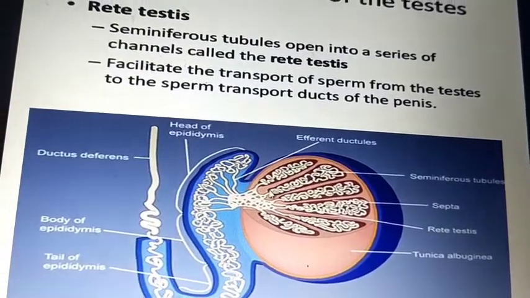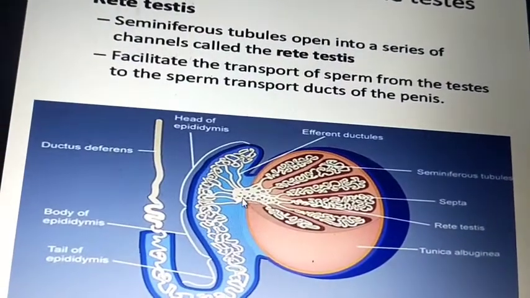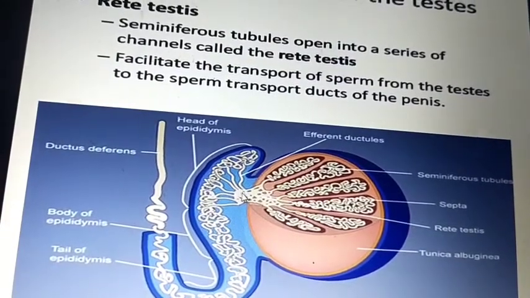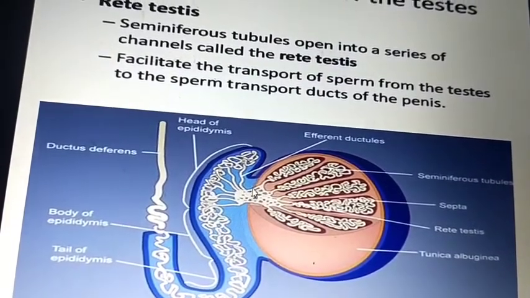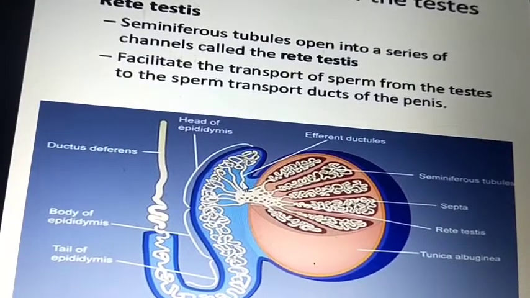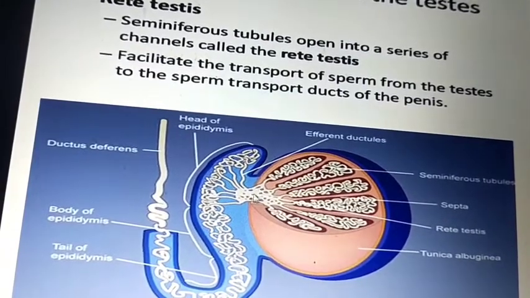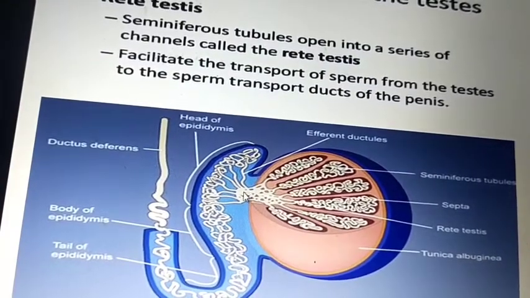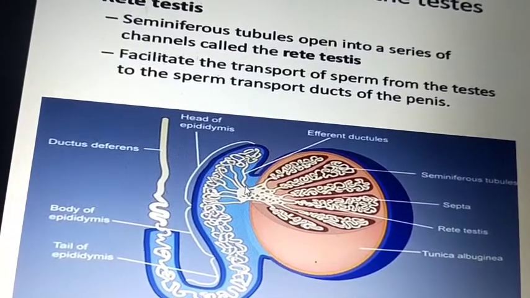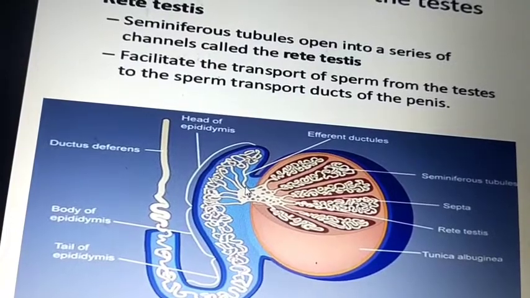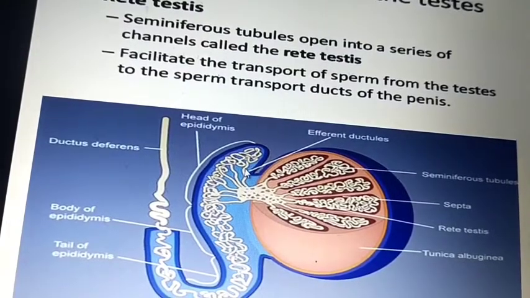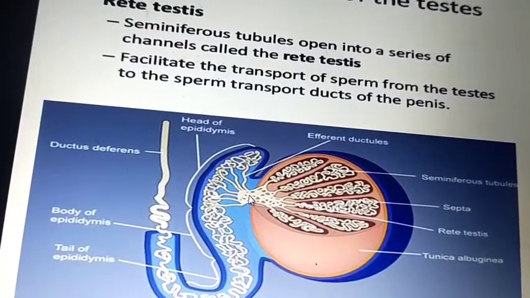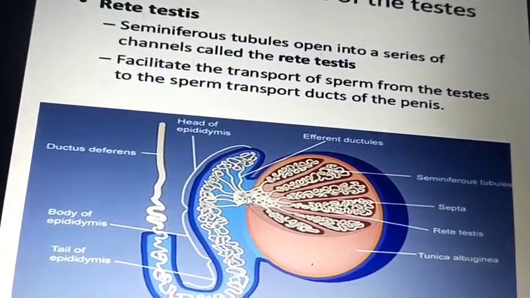This is the rete testis, where the straight tubules open into a series of channels, and that facilitates the transport of sperm from the testis to the sperm transport duct.